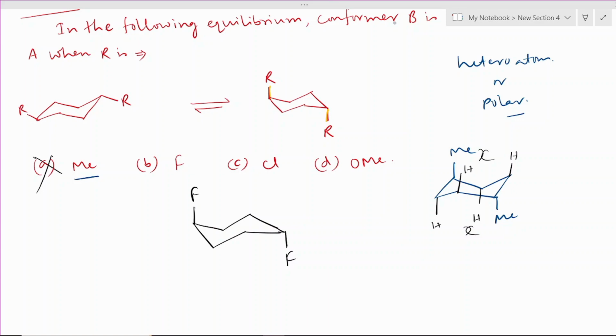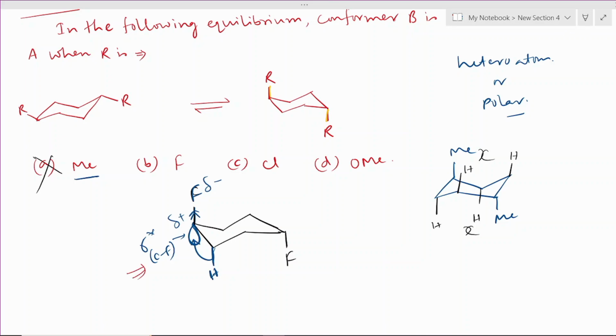If this is a C-F sigma bond, then there will be a sigma star of C-F. As fluorine is the most electronegative atom, it drags the sigma electrons between the C and F bond towards itself. So it gets delta negative character and this carbon gets delta positive character. And this carbon becomes electron deficient to some extent. There is a hydrogen in axial position and these sigma electrons are parallel with this sigma star, so they meaningfully interact with this sigma star.